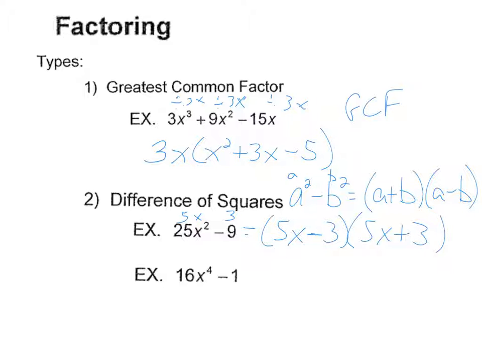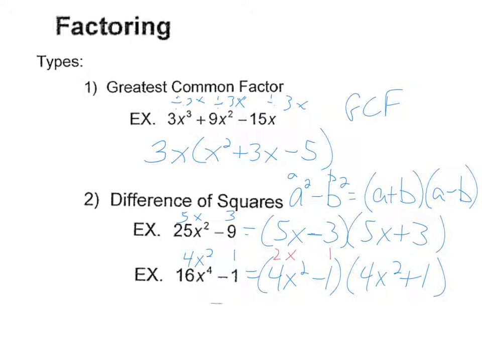16x to the fourth minus 1, the square root of 16 is 4. Square root of x to the fourth is x squared, and the square root of 1 is 1. So that would factor into 4x squared minus 1 times 4x squared plus 1. But if you look in that first parentheses, I have another difference of squares. The square root of 4 is 2, square root of x squared is x, square root of 1 is 1.